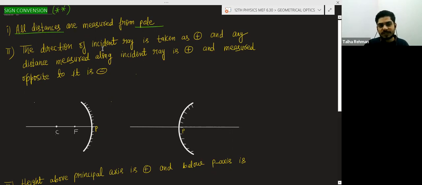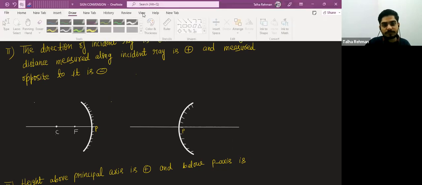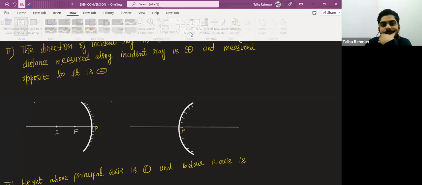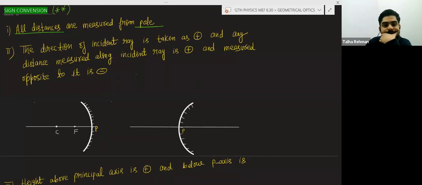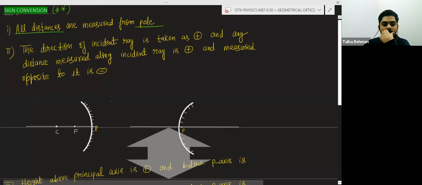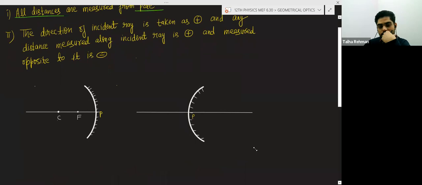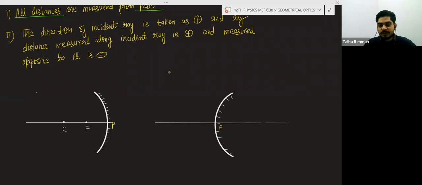Another point. The direction of the incident ray is taken as positive, and any distance measured along the incident ray is positive and measured opposite to it is negative. Now I am explaining this point with the help of an example. Now look carefully with proper concentration.